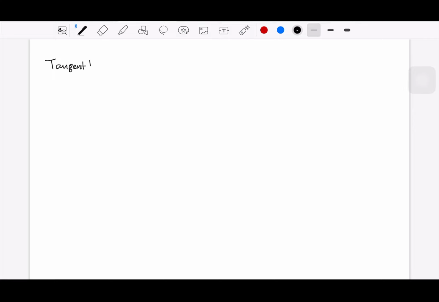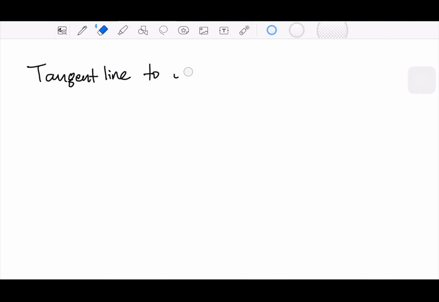Okay, so let me just give you the tangent line. Tangent line to curve y equals f of x at point P. It can be any point.